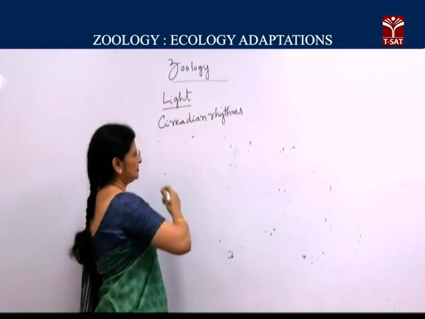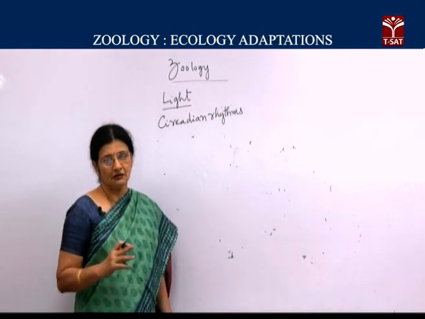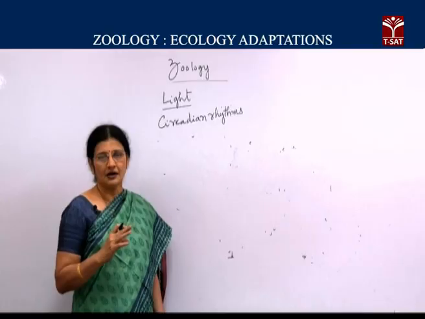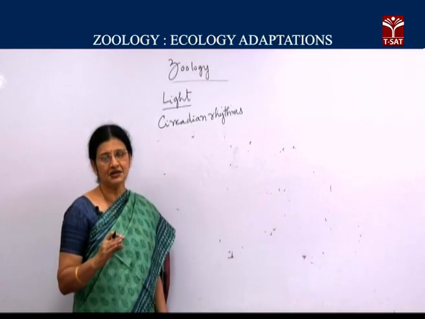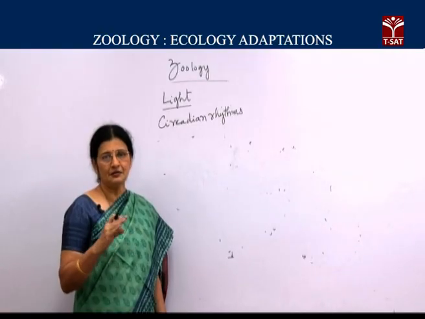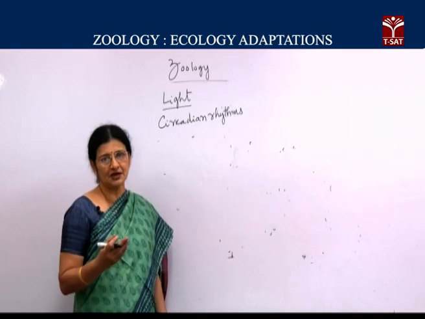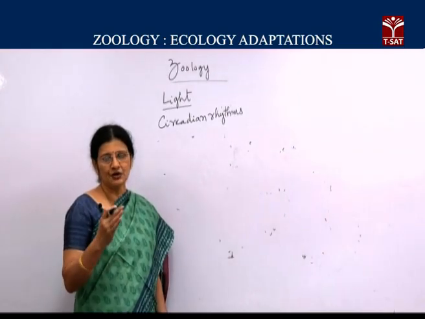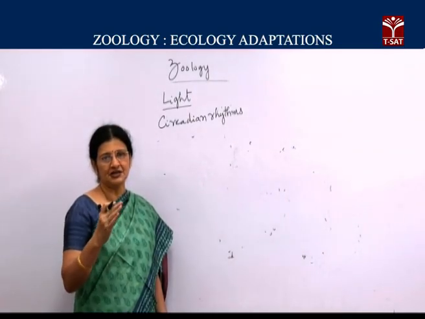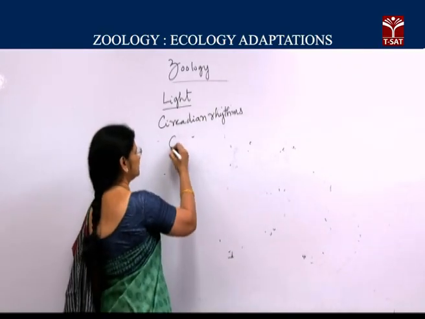Then if these activities are taking place in 1 year, almost every year at the same time, birds would be migrating to other place. Or another example, almost breeding takes place at the same time. These are all called circannual rhythms.